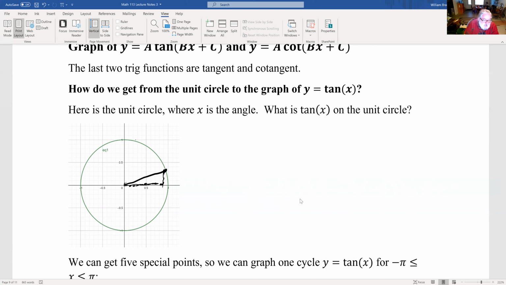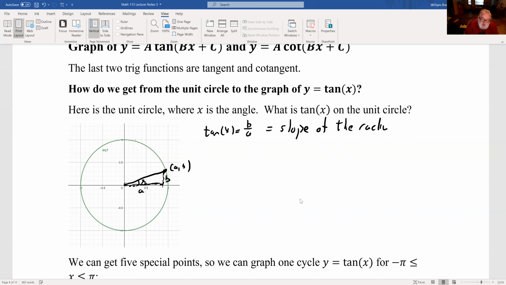Well, if I call this point A comma B, so this is A and this is B, and I'll call the angle X, tangent of X is opposite over adjacent, so that's B over A. Well, what is that?